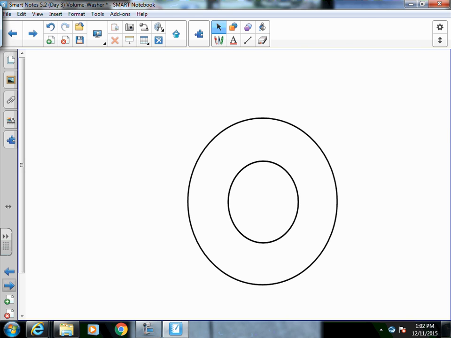Because when we have a washer like we have here, we have what it's rotating around, and we have two different radii. We have what I'm going to call little r, which is the radius of the inner function, the closer function to what we are rotating around, and then what I call big R, which is the radius of the function further away from our axis.